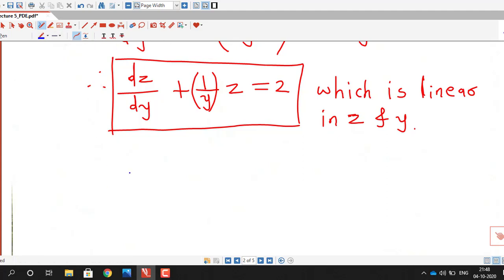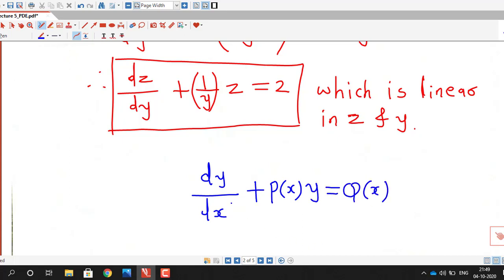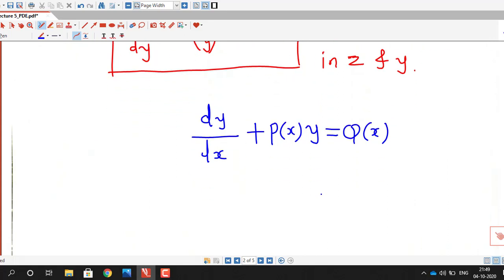So let us recall, we know that the standard form of a first order linear differential equation in two variables x and y is dy by dx plus p(x) into y equal to q(x). This is the standard form of first order linear differential equation. And to solve this equation, first we have to find the integrating factor, which is nothing but e to the power integral of the coefficient of y, which is p(x).